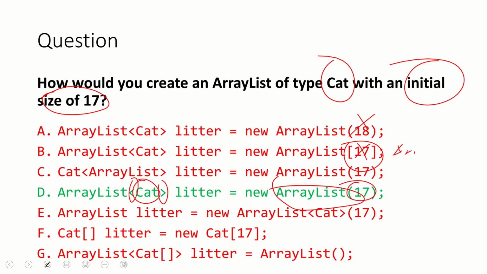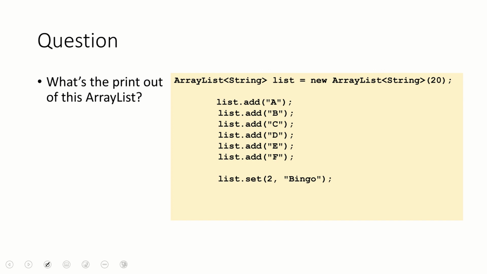This is right, but here you have to use a type, which is Cat. So for this one you have to go here. This is not right, this is not a cat array.